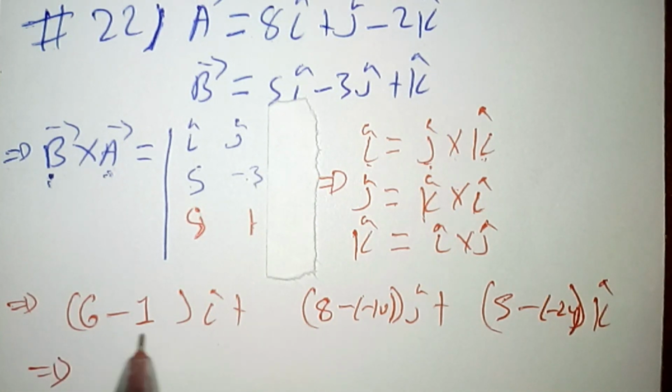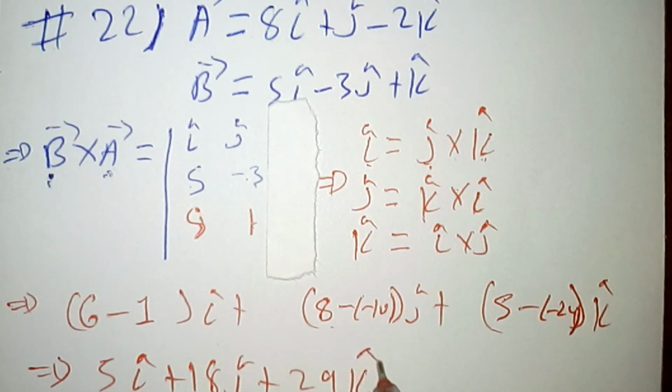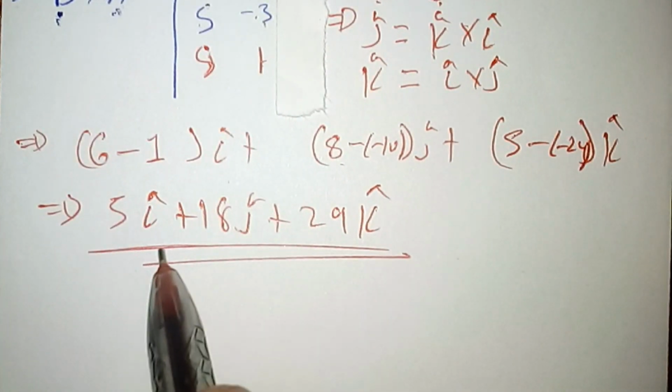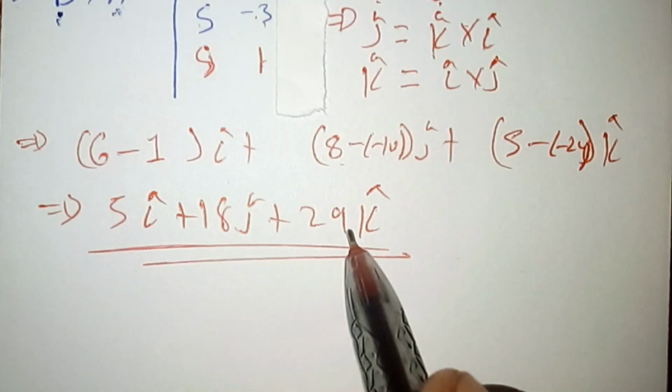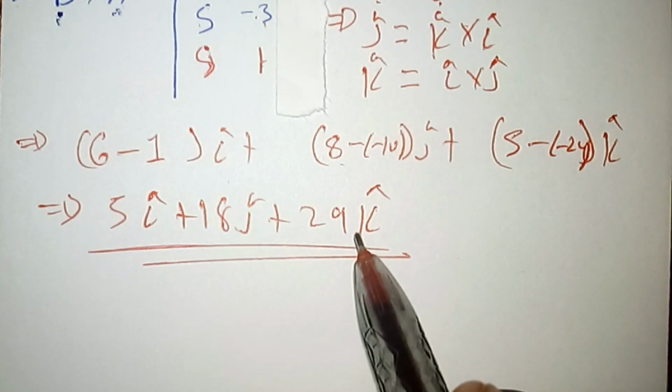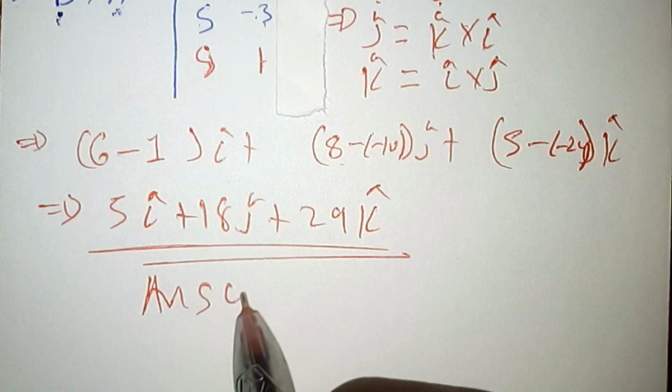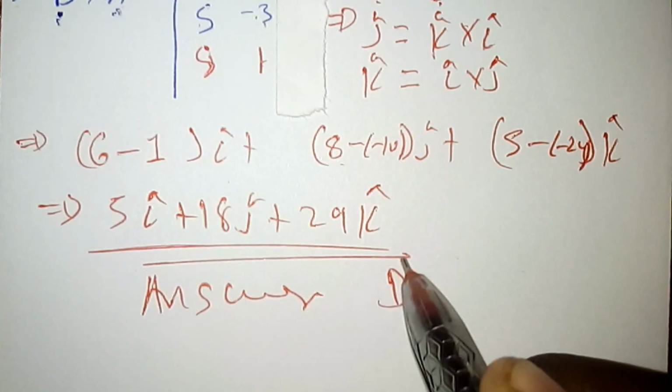So if I do this, I have 5i, plus 18j, and plus 29k. So the value of the cross product is 5i plus 18j plus 29k, which is alternative D.